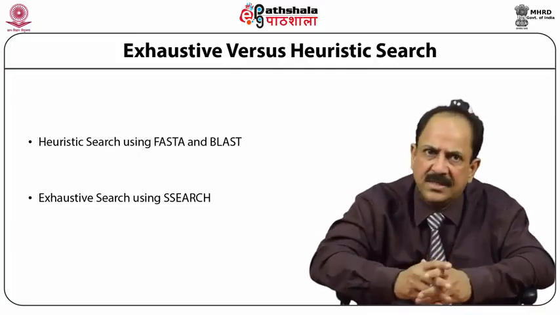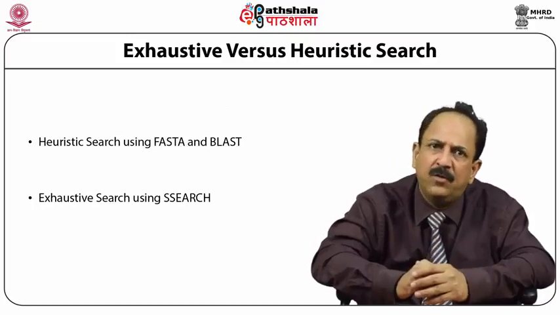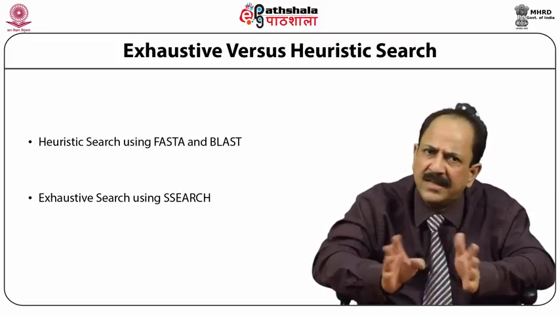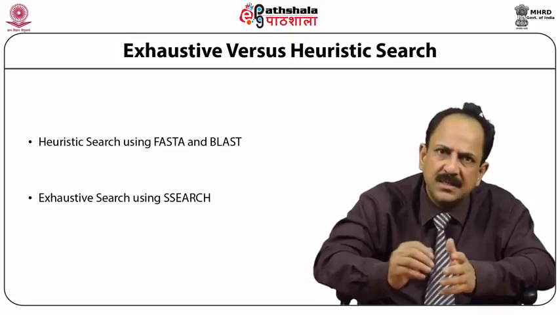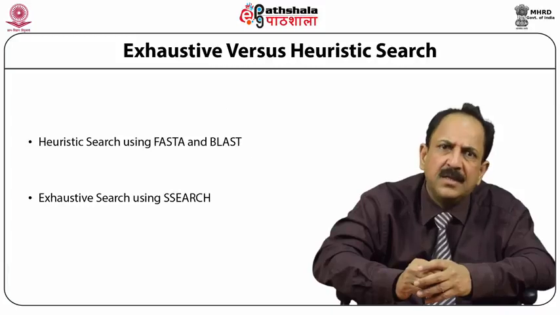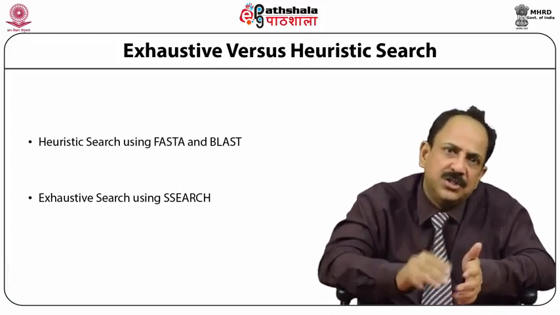To handle those cases, Smith and Waterman modified the Needleman-Wunsch dynamic programming slightly to generate a local alignment. In this implementation of dynamic programming, the score was not allowed to fall below 0.